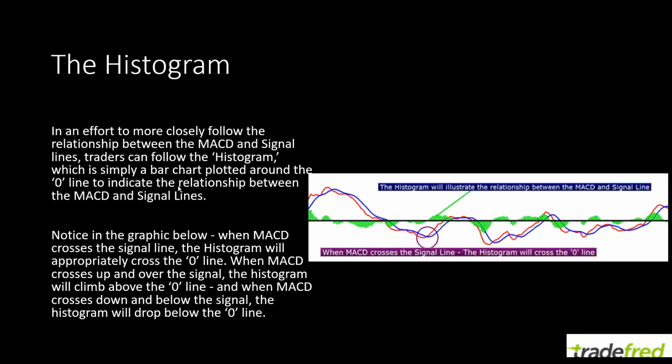So in an effort to more closely follow the relationship between the MACD and the signal line, traders follow the histogram, which is simply a bar chart plotted around the zero to indicate the relationship between the MACD and the signal line.